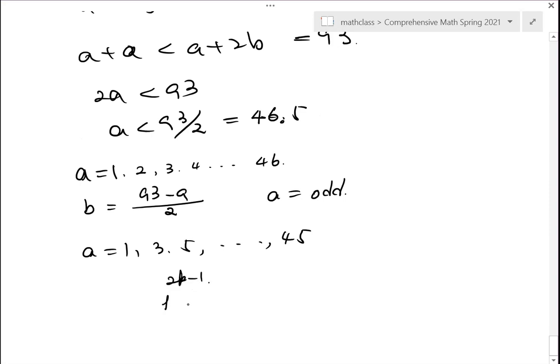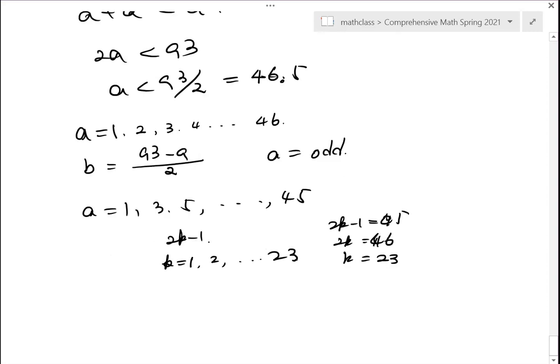So k starts from 1, you get 1, 3, right? So 2k minus 1 equals 45. So 2k is 46, k is going to be 23. So the last one is 23. When k equals 23, you get 45. So that's why you have 23 answers, distinct isosceles triangles.